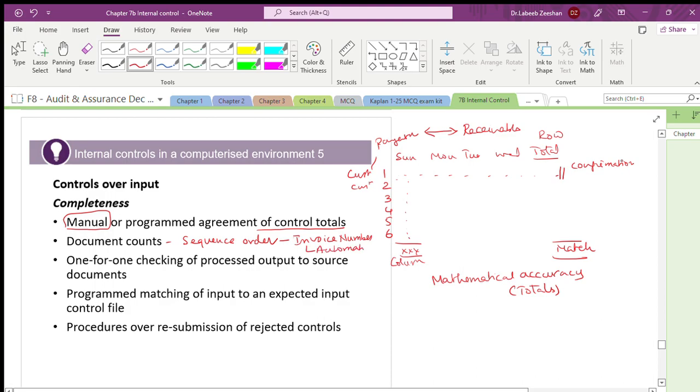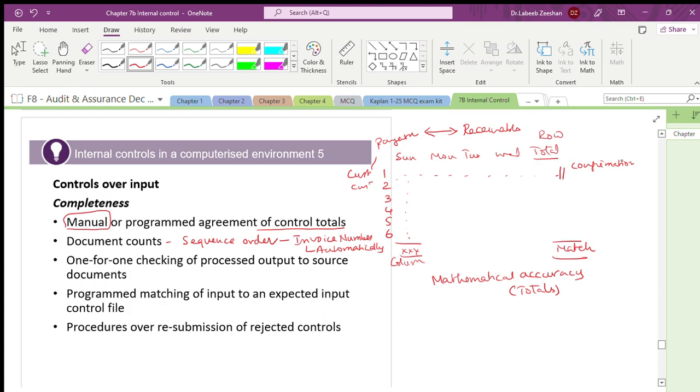There should not be any manual intervention. Then we will see 1, 2, 3, 4, 5, 6, 7, 8, 9, 10. If something is missing, definitely we can identify it and say that it is not complete. If one of the invoices is missing, it means it is not complete.